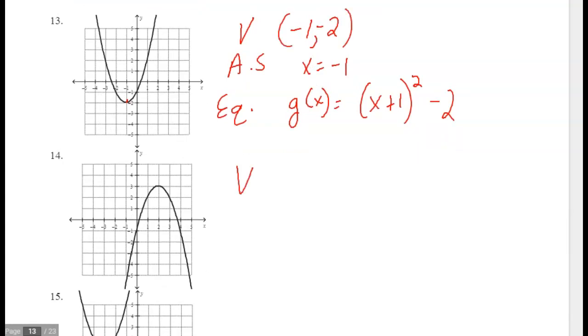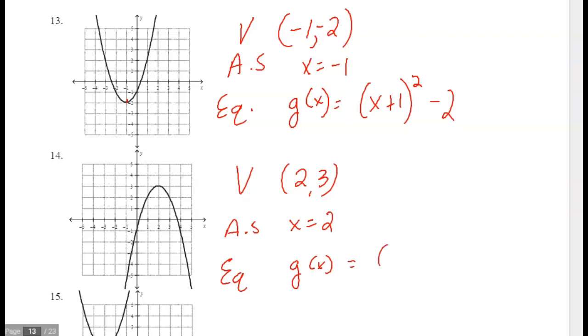Forgot my brackets up there. My axis of symmetry is at x equals 2. And my equation, if we're doing g of x, is equal to x minus 2 squared plus 3.